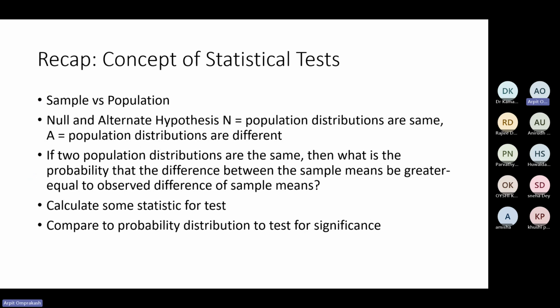So the first thing is the concept of statistical test. When we do an experiment in a lab or we collect data from outside, what we basically have is a sample. So this is our population.